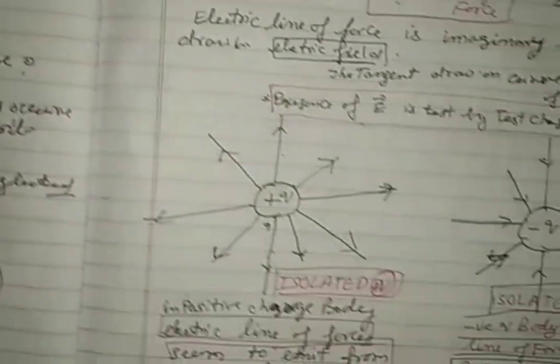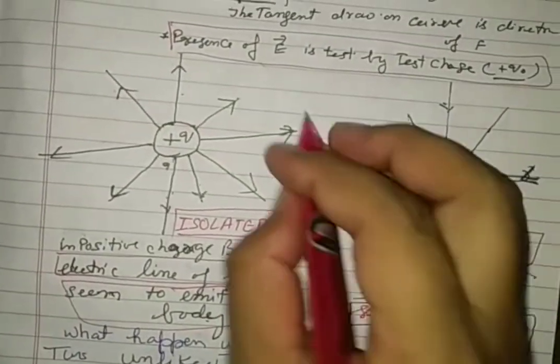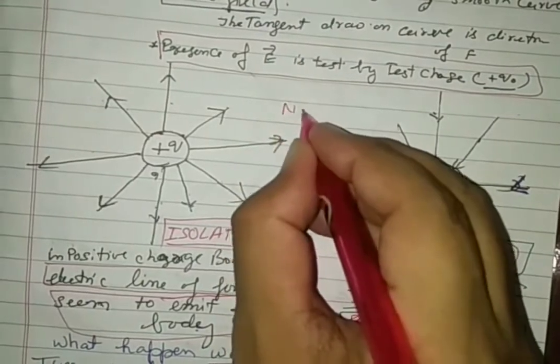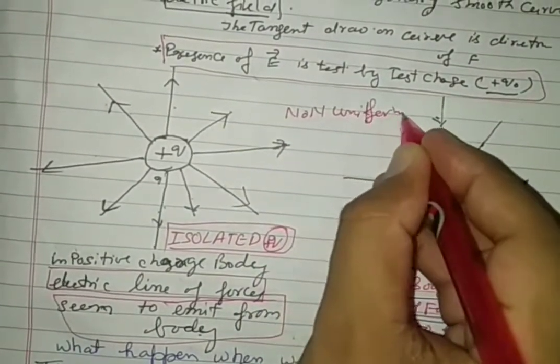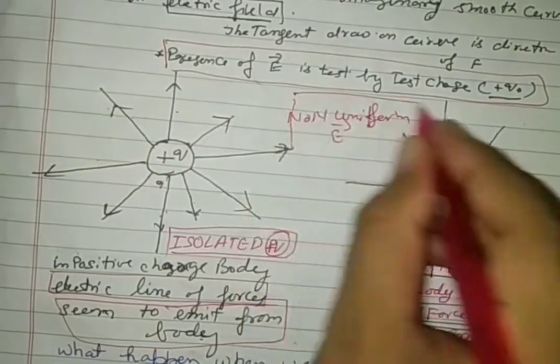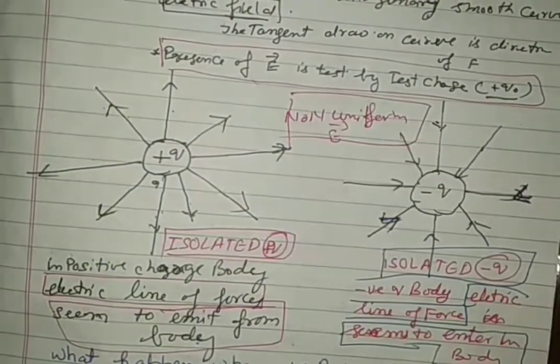Here in this case, the diagram which we have taken in the beginning, in both cases non-uniform electric field.